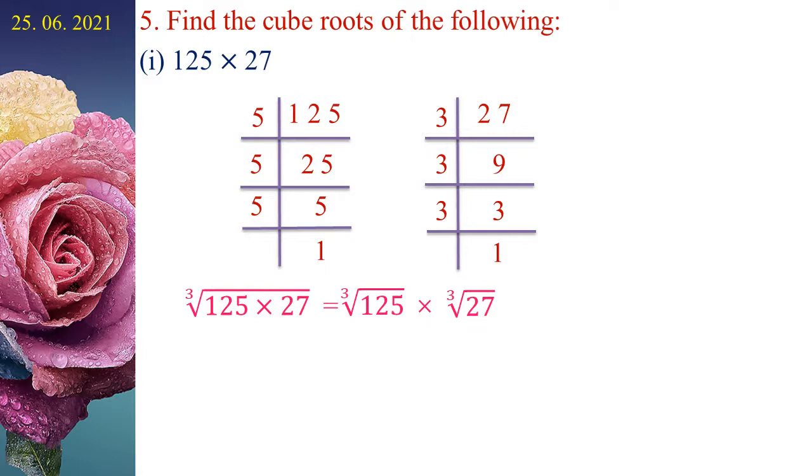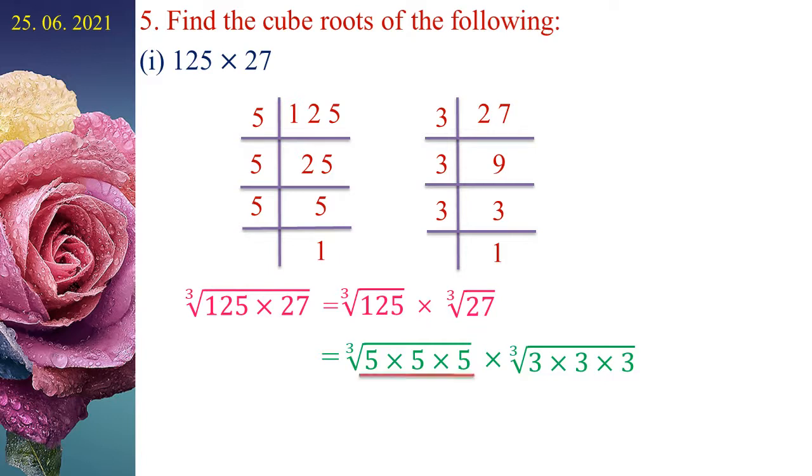We can say that for any perfect cubes x and y, the cube root of x into y equals the cube root of x into the cube root of y. The prime factors of 125 are 5 into 5 into 5, and the prime factors of 27 are 3 into 3 into 3.